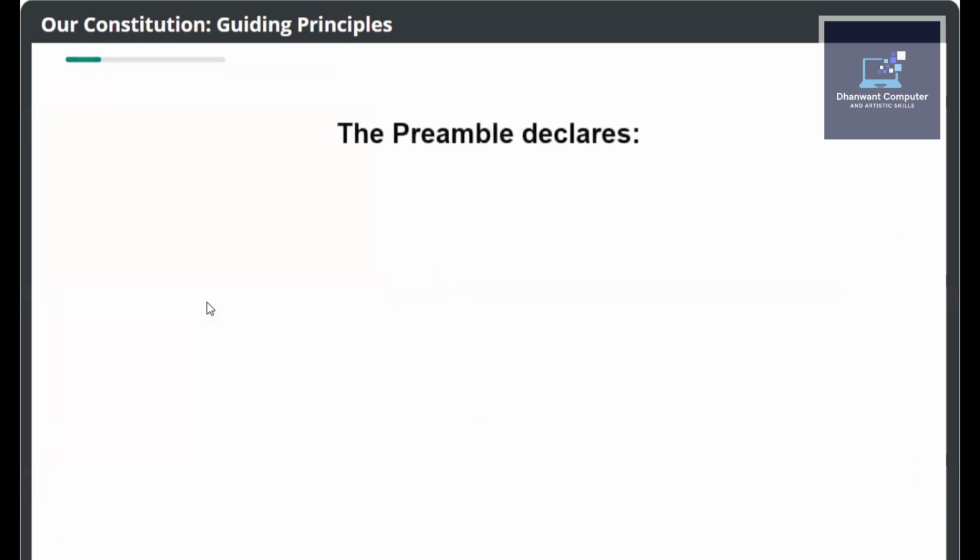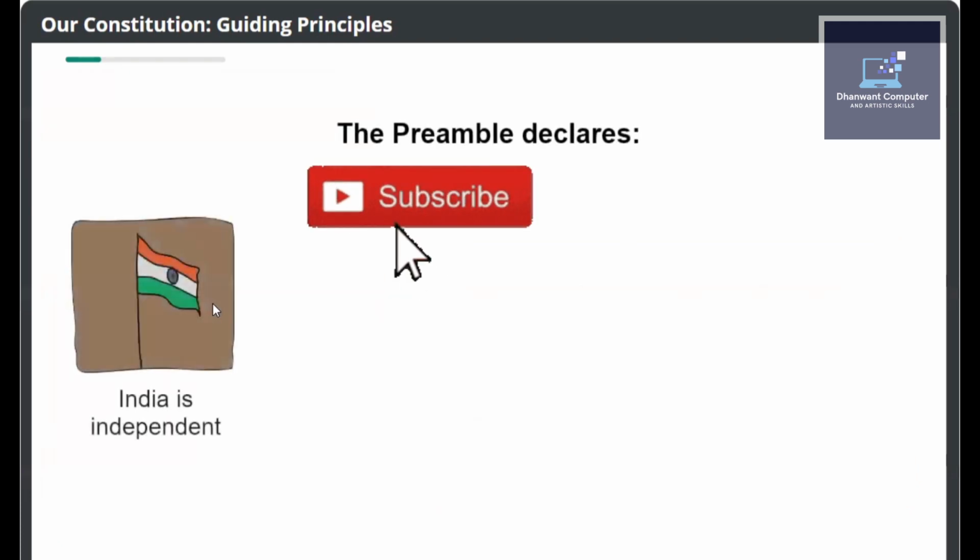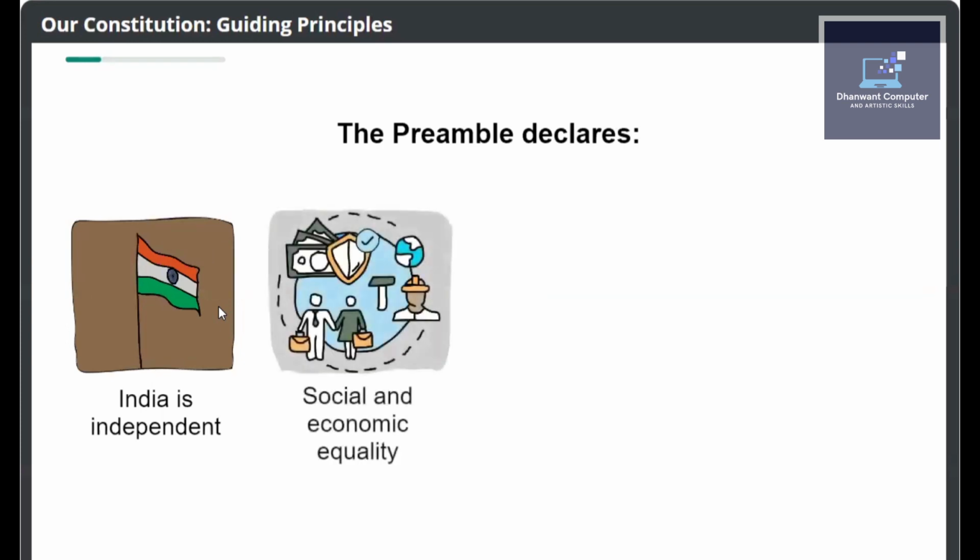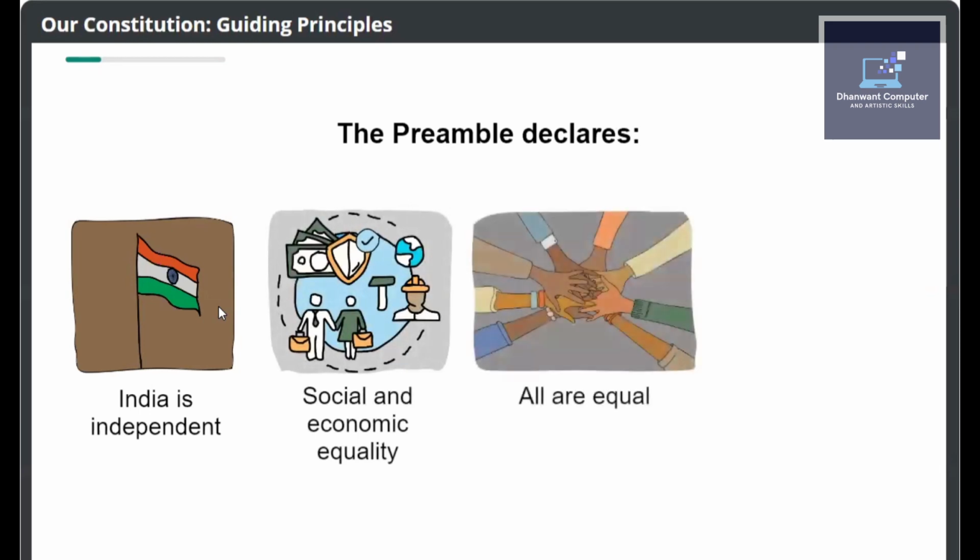The preamble declares India is an independent nation. There is social and economic equality. All are equal and there is no discrimination based on caste or gender.